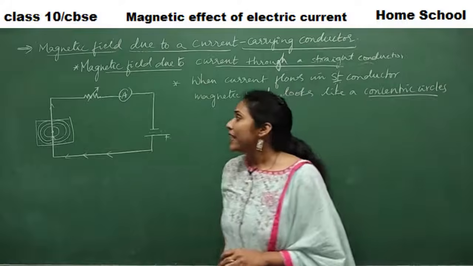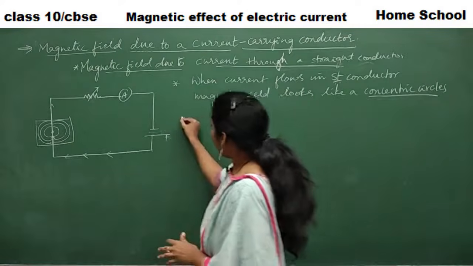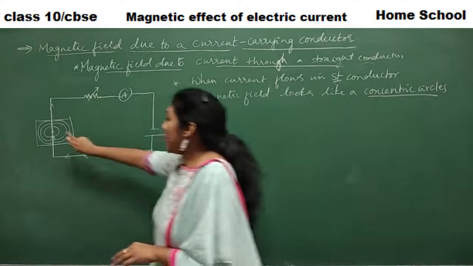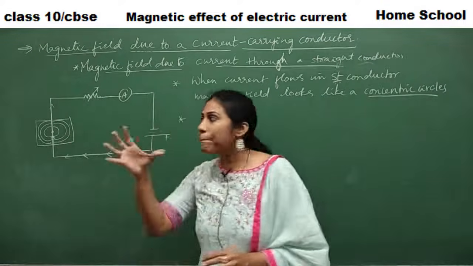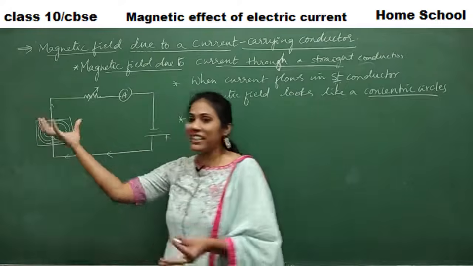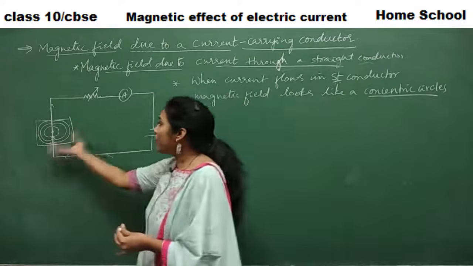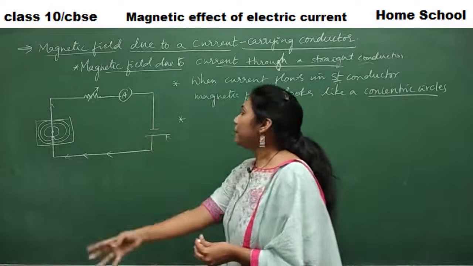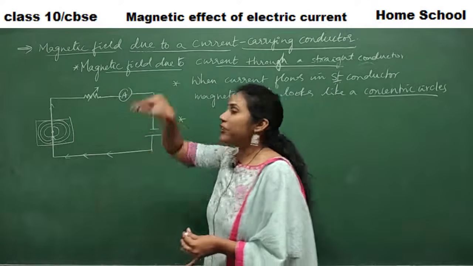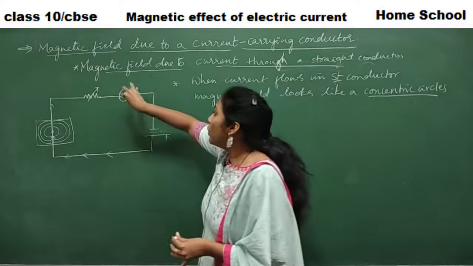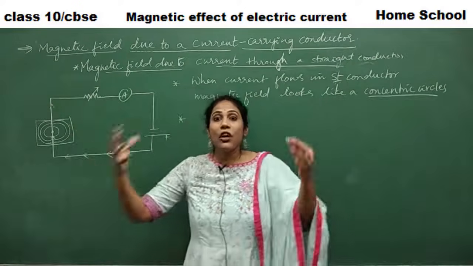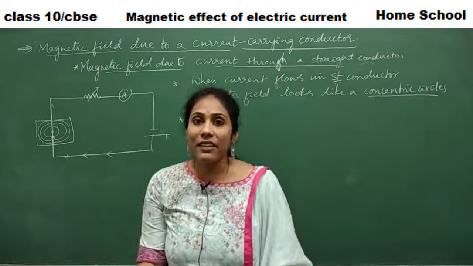Fine. And the next important point is the strength of the magnetic field, the power of the magnetic effect, which is directly proportional to the strength of the current. The more current in a circuit, the more concentric circles appear.